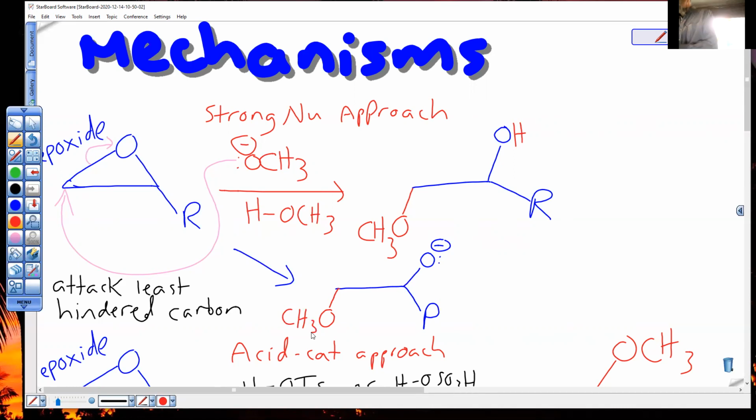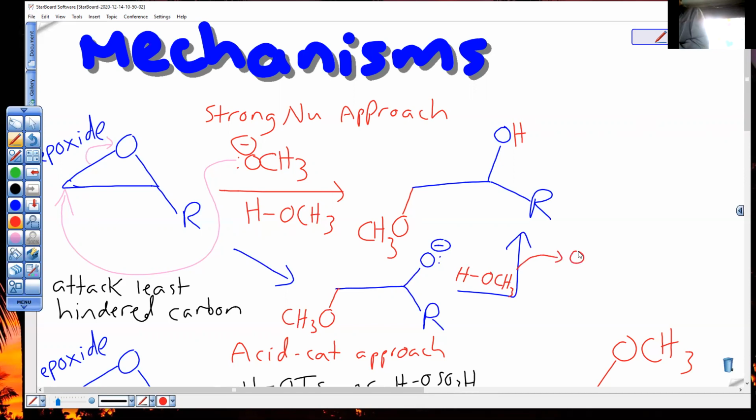There's a relationship between this and the product above it, other than the fact that a R became a P, which I just fixed. Let's see, what do we got here? Oh, this is the base version of this acid. Where's it going to get the proton? There's only one place, from the solvent. And in this example, after you react the solvent, you've generated OCH3 minus.